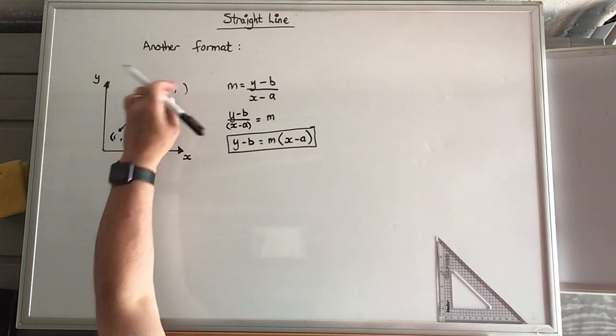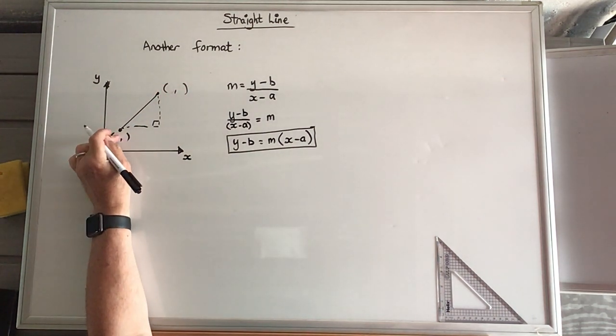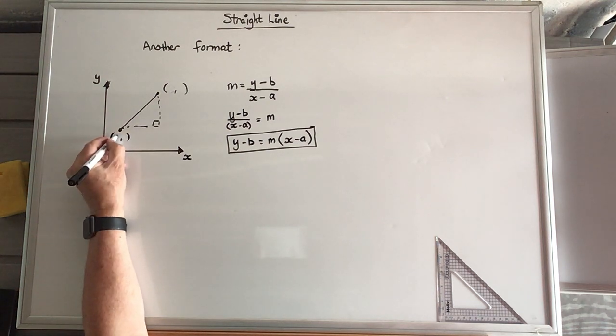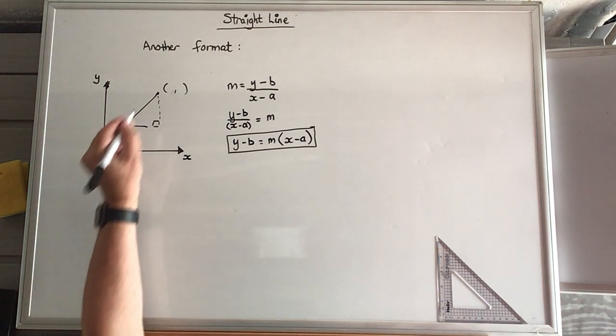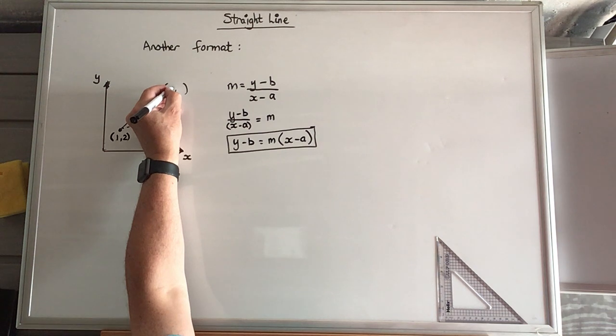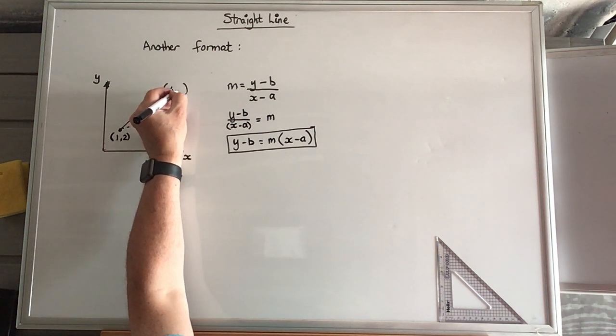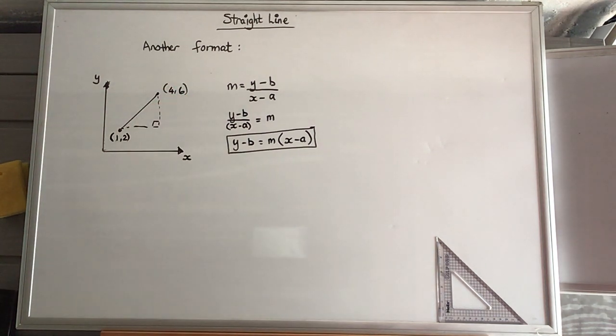Okay, so I'll call my (a, b) down here. Let's keep it nice and simple, (1, 2). And up here, (4, 6), something like that. Okay. So we have to work out the gradient.